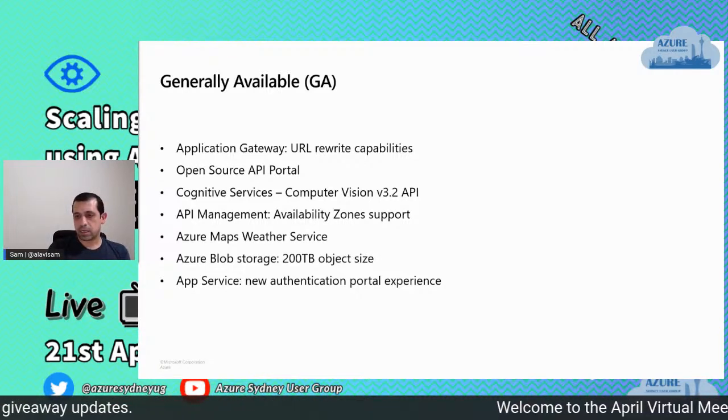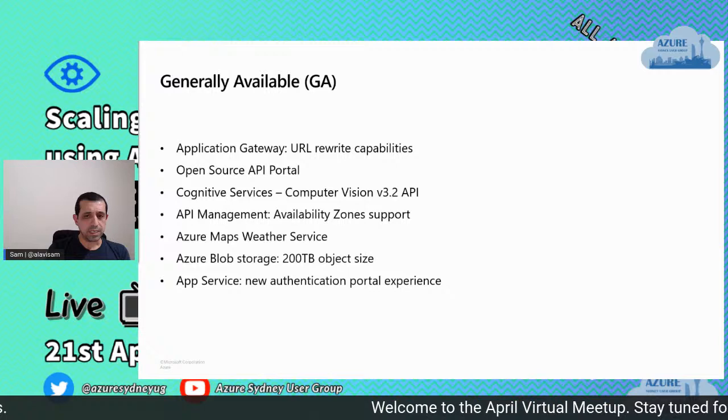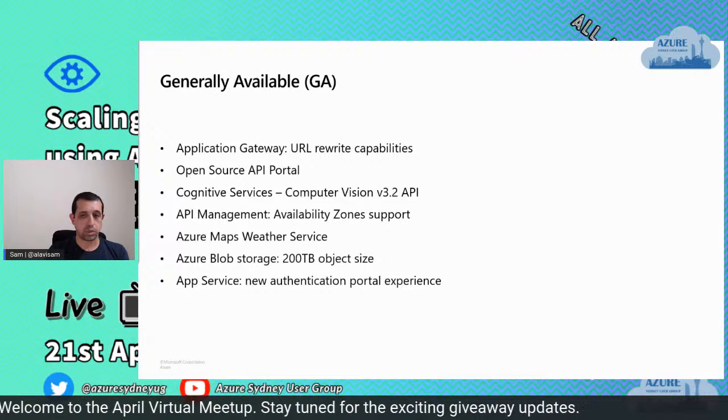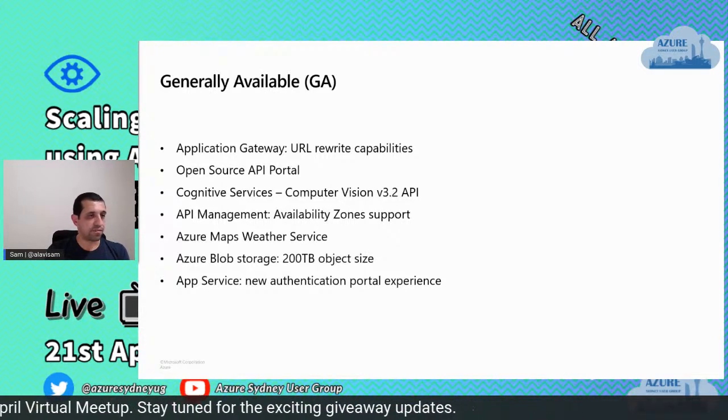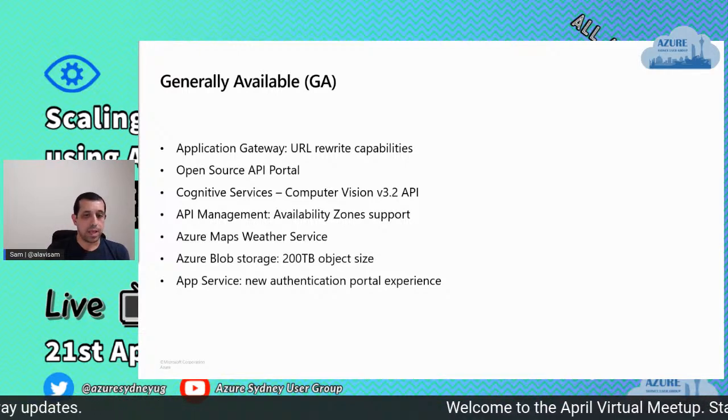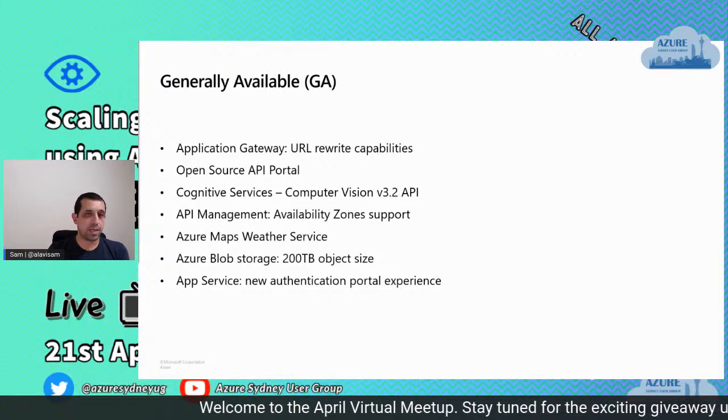Another feature is cognitive services. Basically, the computer vision API is now GA with version 3.2. It also offers a few enhancements and updates. Three important ones: it comes with an improved image tagging model.